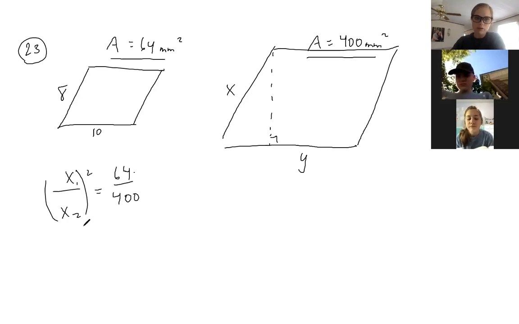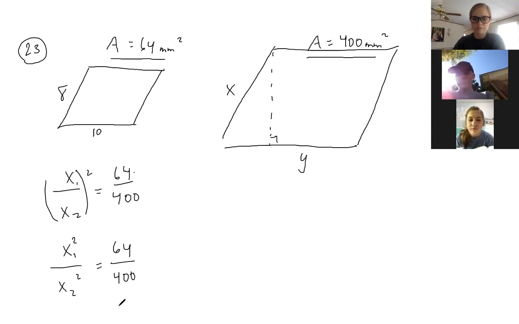So x sub 1 squared over x sub 2 squared is going to be 64 over 400. We're not really going to cross multiply to figure this out because these are two different variables.